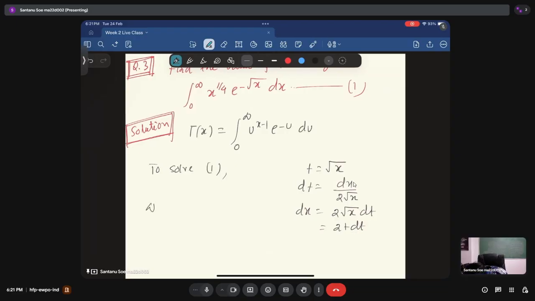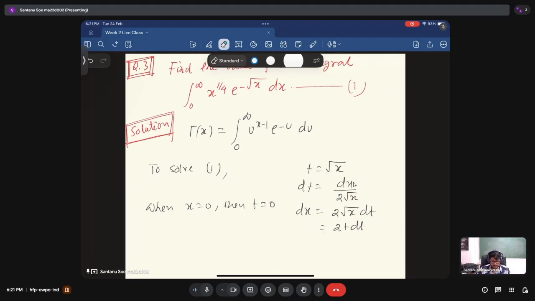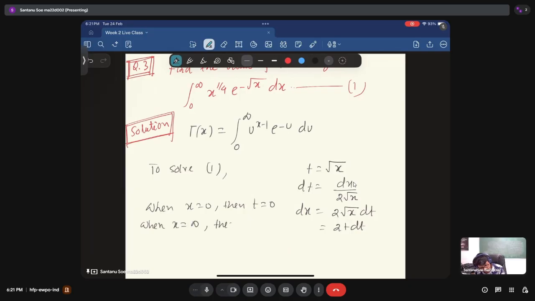So now when x equals 0, then t is also 0, because t is just the square root of x. So if you put x equals 0, then t will be the square root of 0, which is just 0, correct? And when x approaches infinity, then t is also approaching infinity. I mean, the upper limit is infinity, correct? Because t is the square root of positive infinity, which is always positive infinity.